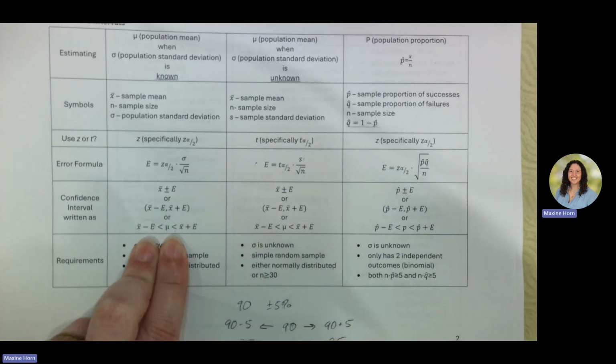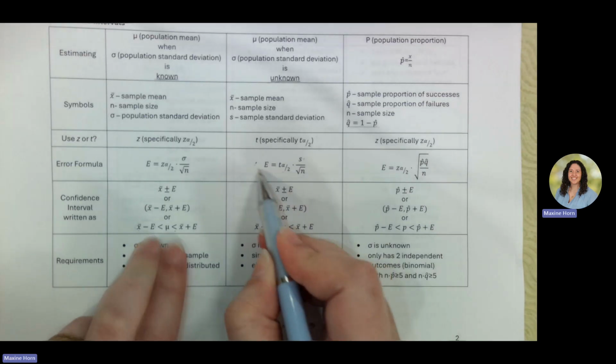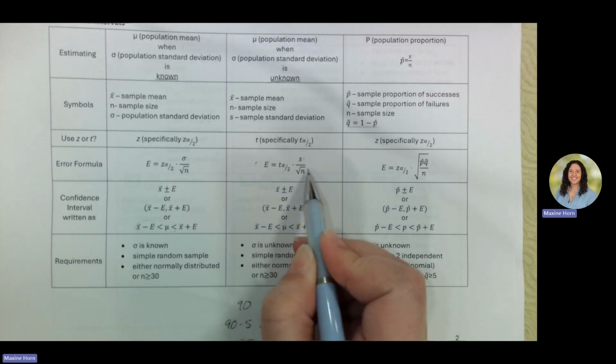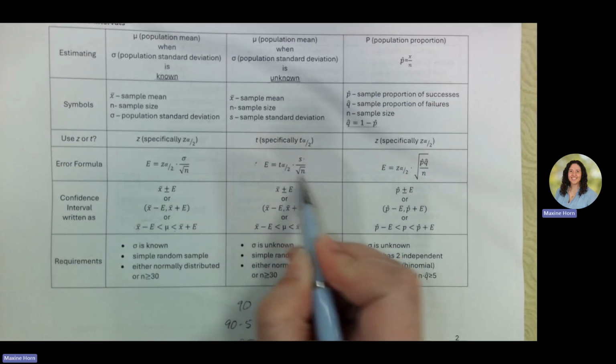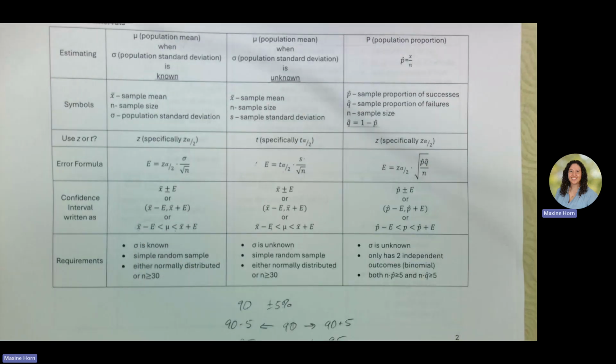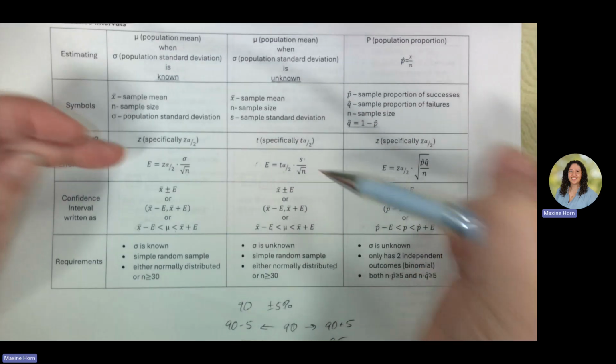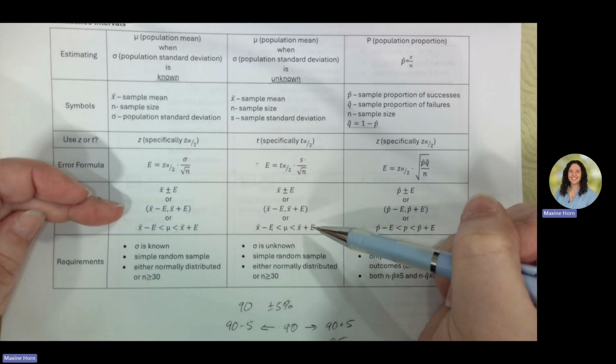So we need an X bar and we need an E. We need to use this formula to find E. We can't do this formula unless we have either the T or the Z, depending on which situation we have. That's why we're starting with the Z or the T, because we need it to find the E, and we need the E to find the interval.